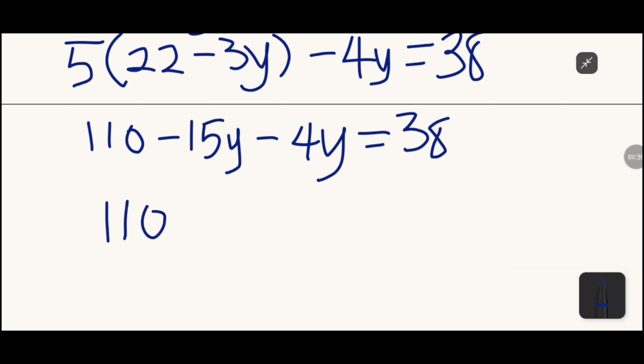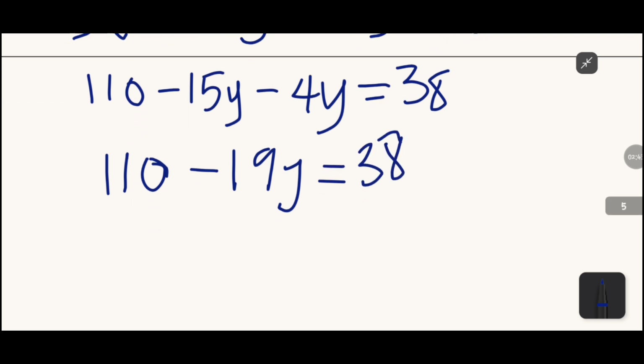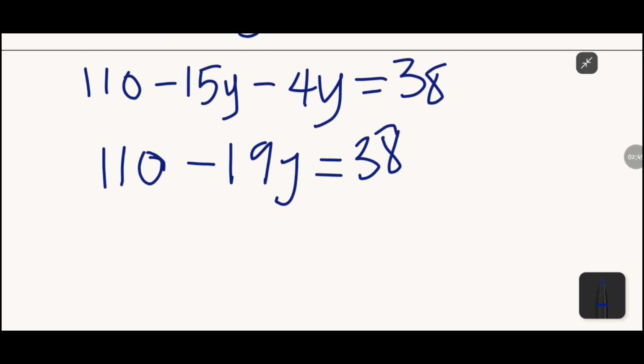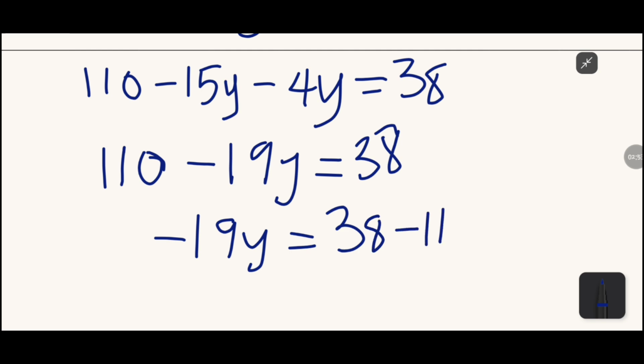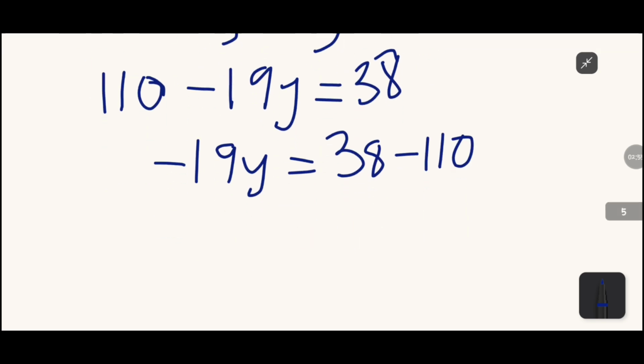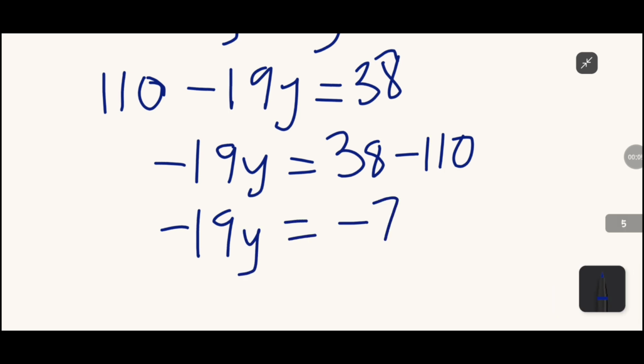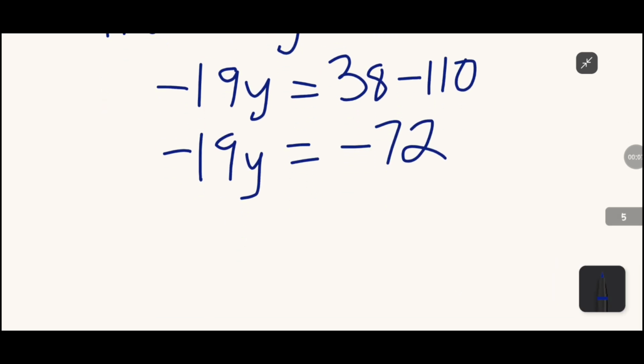So we have 110 minus 19y is equal to 38. So taking 110 to the right hand side, we have minus 19y is equal to 38 minus 110. So therefore minus 19y is equal to minus 72.